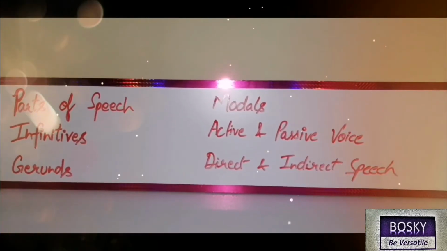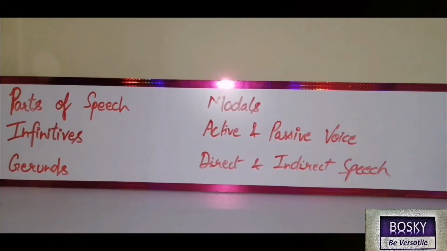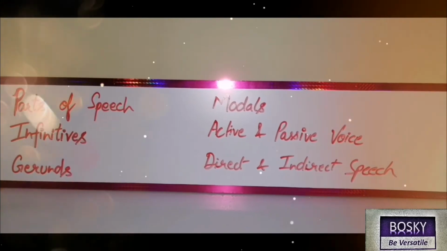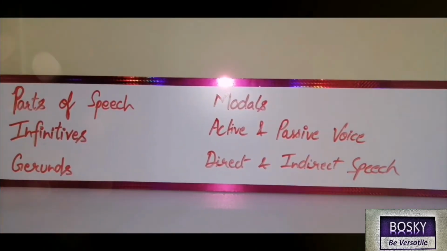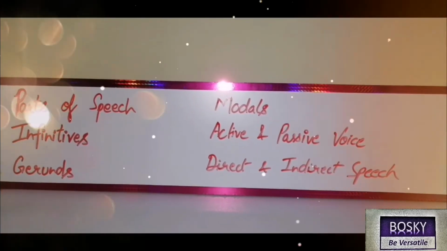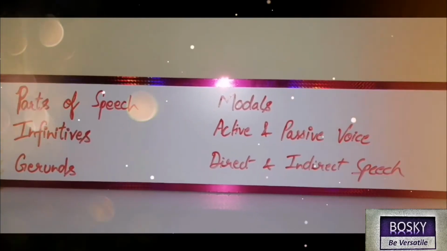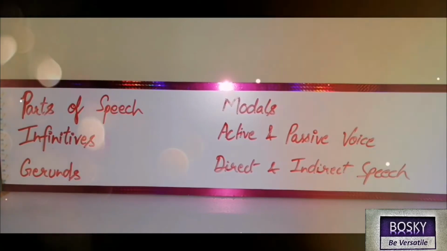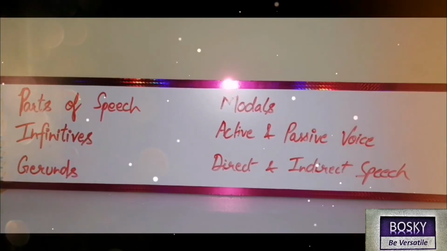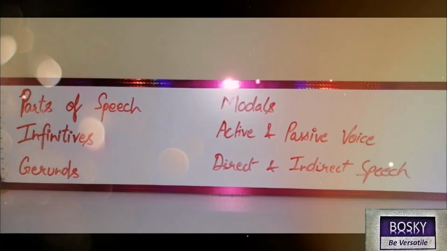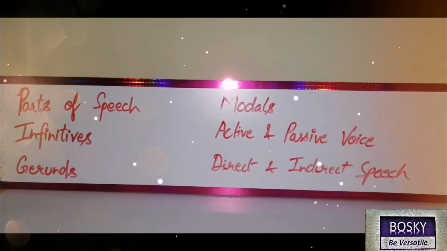So soon I'm going to upload my English lessons on these concepts, which can be useful not only for the people who are weak in English, but people who are good at English. They know English language, they are fluent in speaking, but still they make some grammatical errors when they write or when they speak at times.